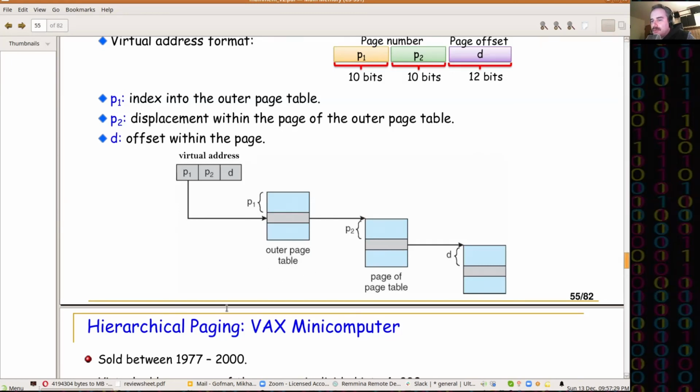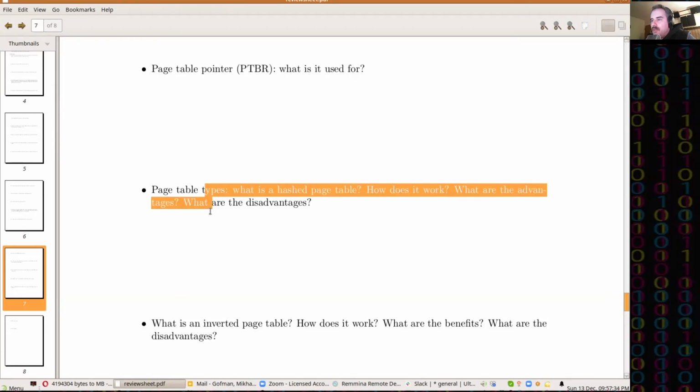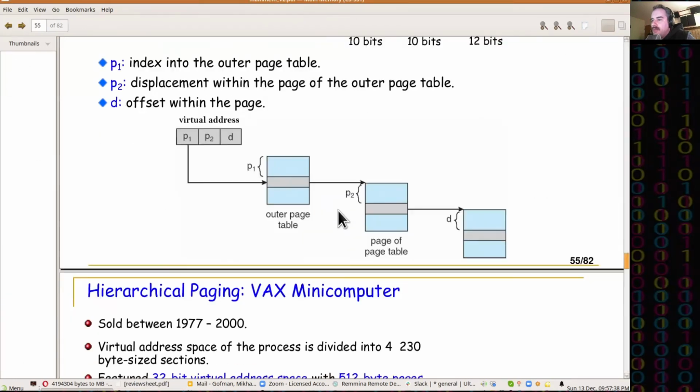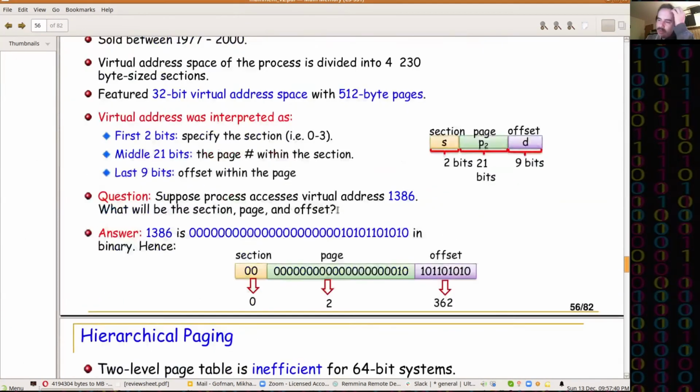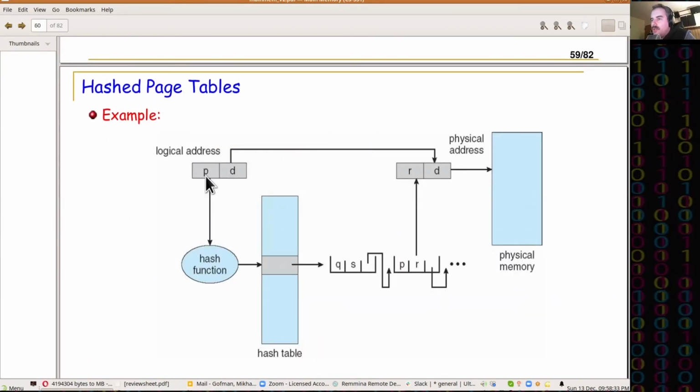So now let's take a look at the hashed page table, which tries to address some of the problems associated with the traditional flat page table. Another way to try to reduce the amount of contiguous memory required to implement a page table is to use a hashed page table.